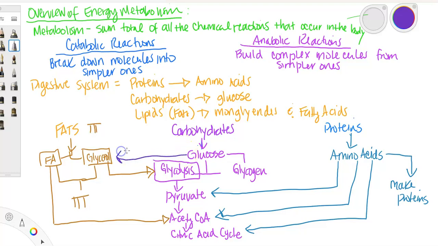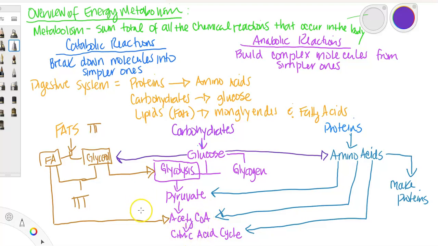So it can be converted to glycerol and then be used to create fats for storage. Glucose can also make amino acids. Okay, so that's one of the ways that we get those 10 amino acids that our body can make.